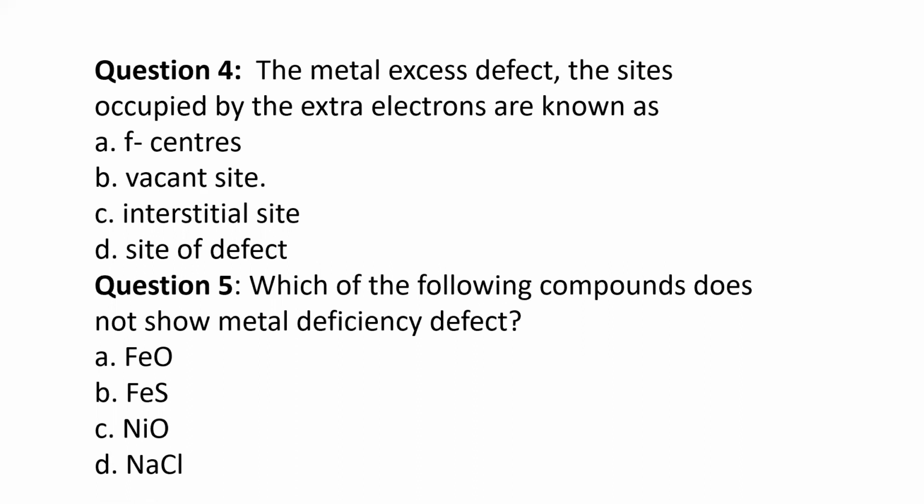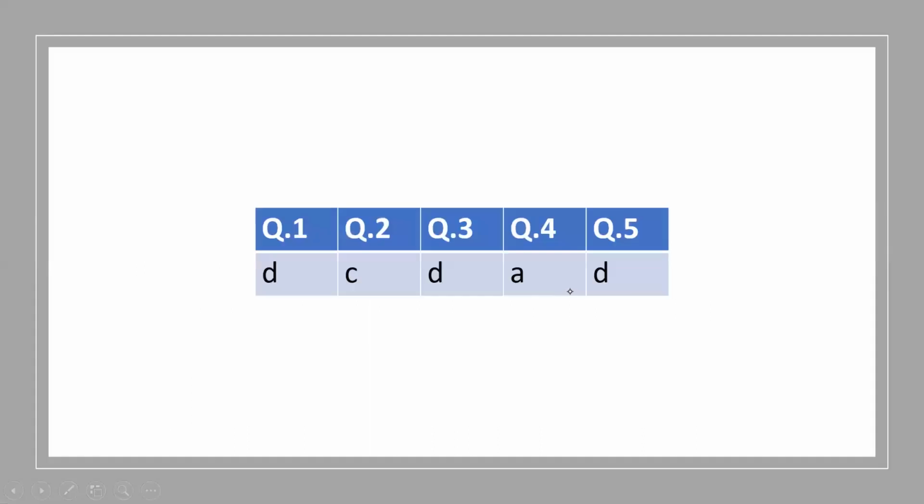Which of the following compounds does not show metal deficiency defect? NaCl, NiO, FeS, and FeO. So the answer for the fifth question is D, that is NaCl. So this is about defects in crystals.